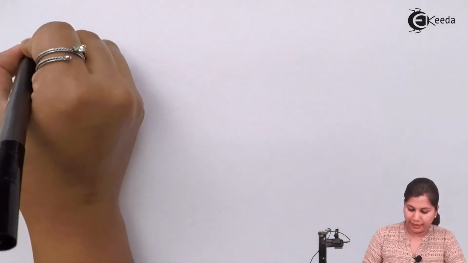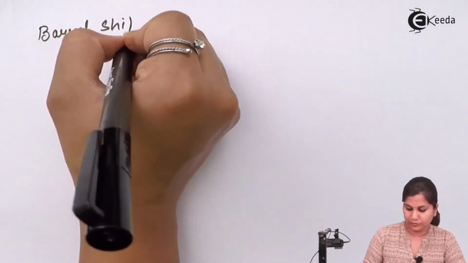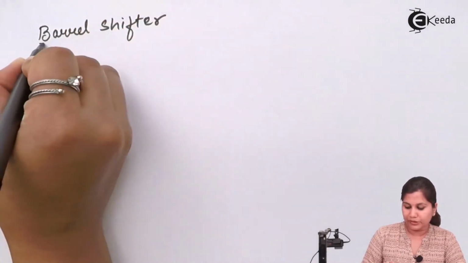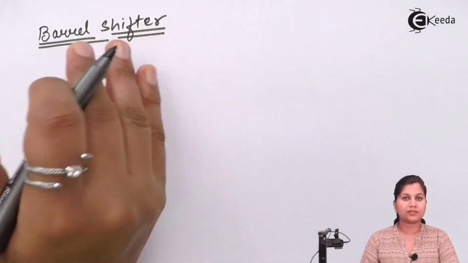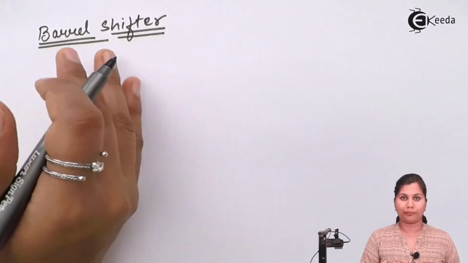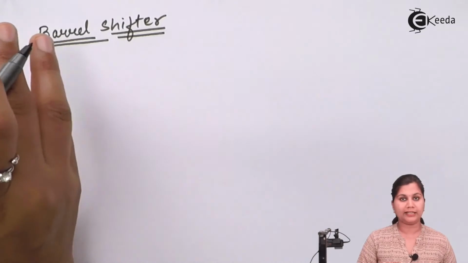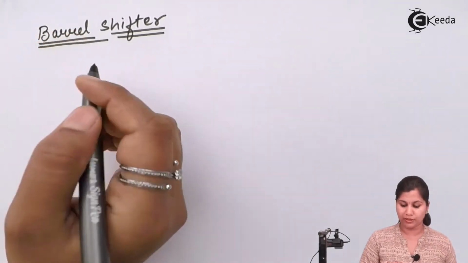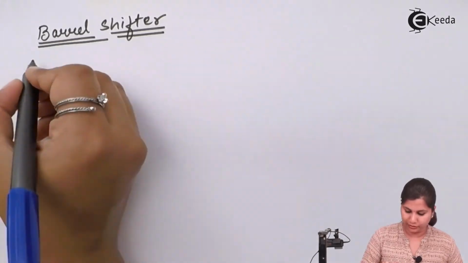Next is the barrel shifter. Now in the ARM processor, there is a specific component called the barrel shifter which is responsible for the shift operations. In some processors, there are instructions directly for performing the shift operation, but in the ARM processor, we have this component, the barrel shifter.